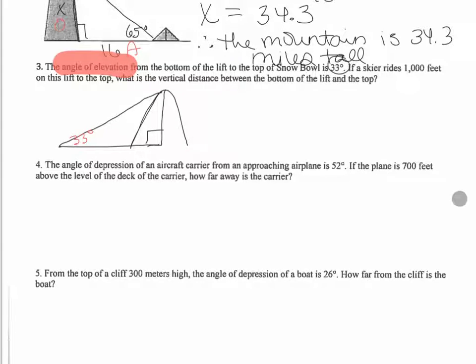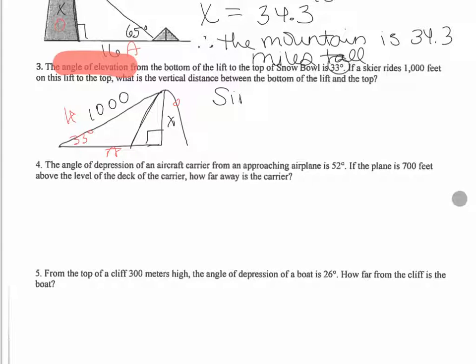So, okay. Skier rides 1,000 feet on this lift. So 1,000 feet is here, because that's the ski lift he rides. I want to know the vertical distance between the bottom of the lift and the top. So the vertical distance is right there. So label OAH. What trig function am I using?